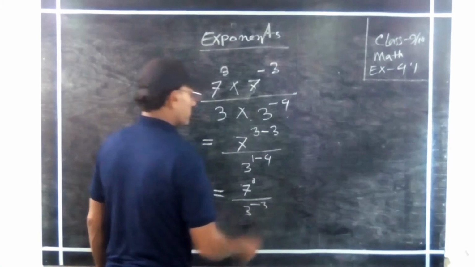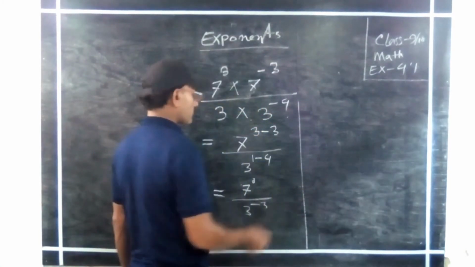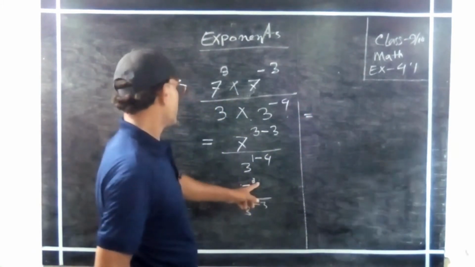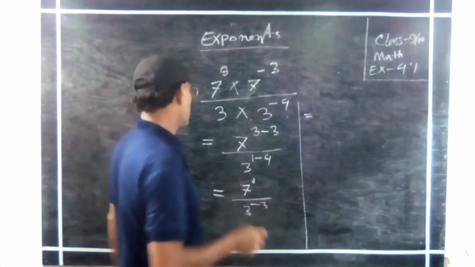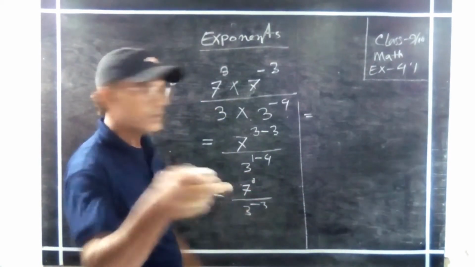We can write on the right side equal to 7 to the power 0, meaning 1. Something to the power 0 is 1.